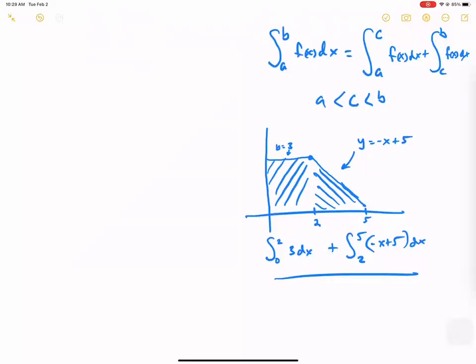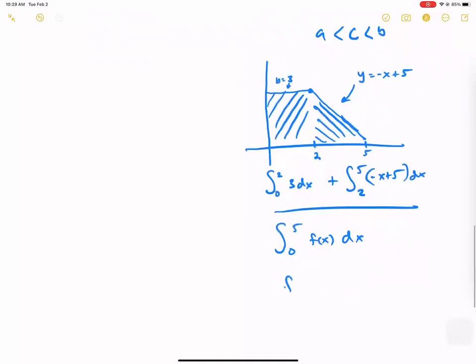So this is the integral from 0 to 5 of f of x dx, where f of x is a composite function: 3 when x is between 0 and 2, and negative x plus 5 between 2 and 5.